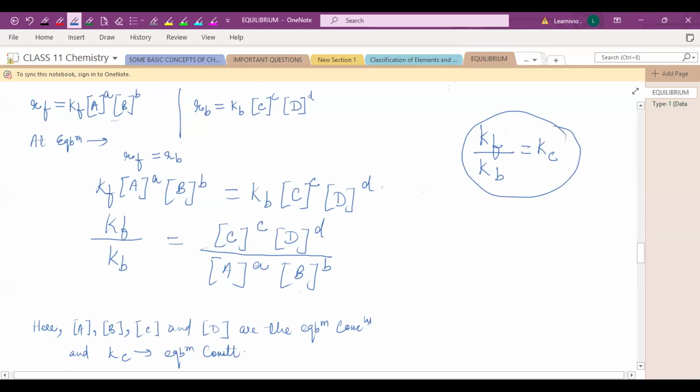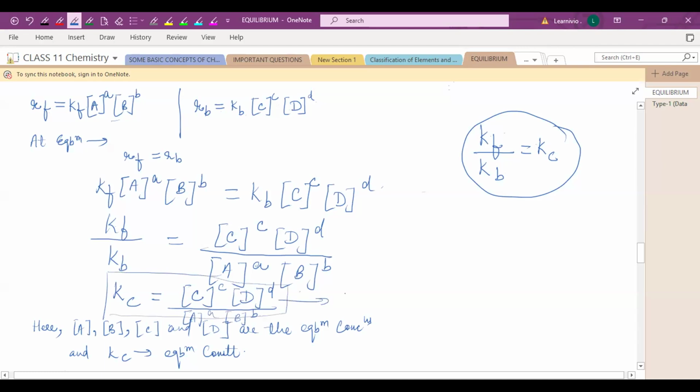Okay, so what is Kc? Kc is the equilibrium constant. So commonly we take Kf upon Kb, the ratio of these two, as an equilibrium constant, right? So you can substitute this: Kc is equal to, okay, all this term, the concentration of C raised to the power c, concentration of D raised to the power d, upon the concentration of A raised to the power a, concentration of B raised to the power b.